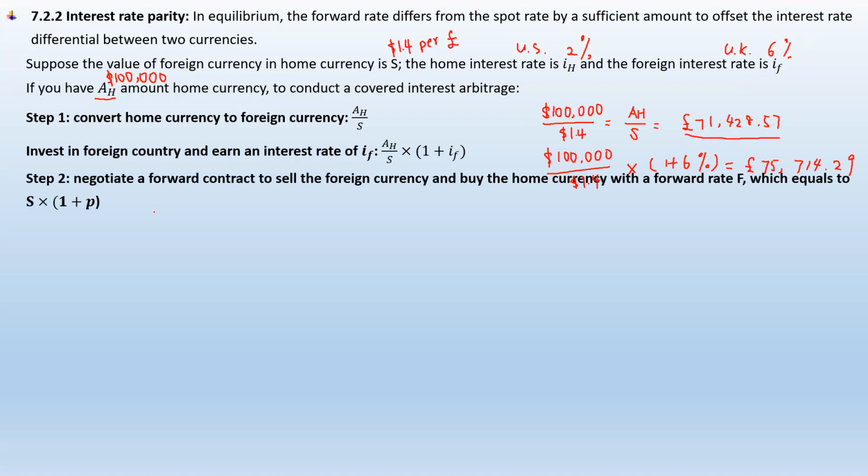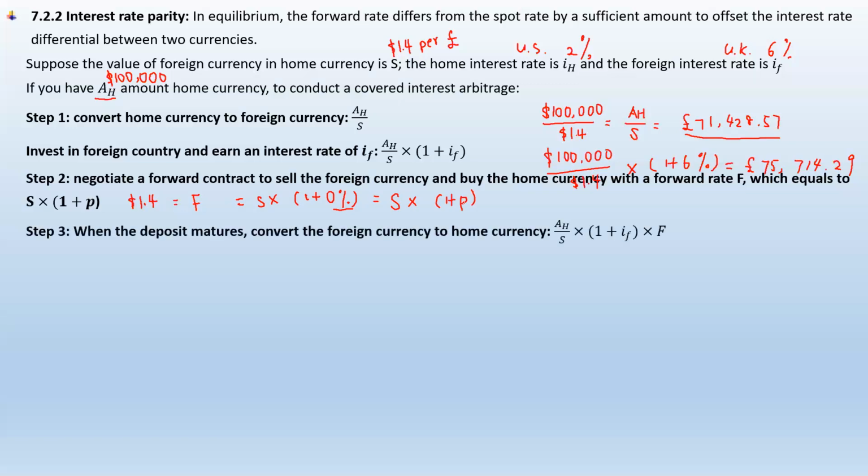And remember, on day one, to hedge the exchange rate risk, we also sell a forward contract. And F is 1.4 in our initial example. This is F, and we can write it as S times 1 plus 0%, where we label this 0% as the premium or discount. This is the formula. When the deposit matures, we will convert the foreign currency into home currency.